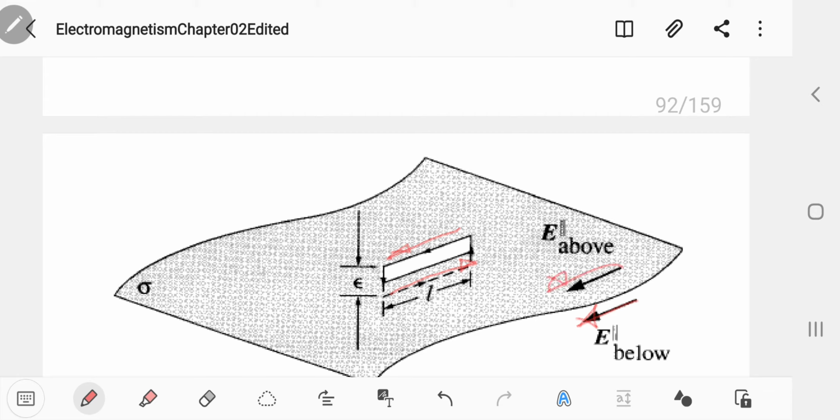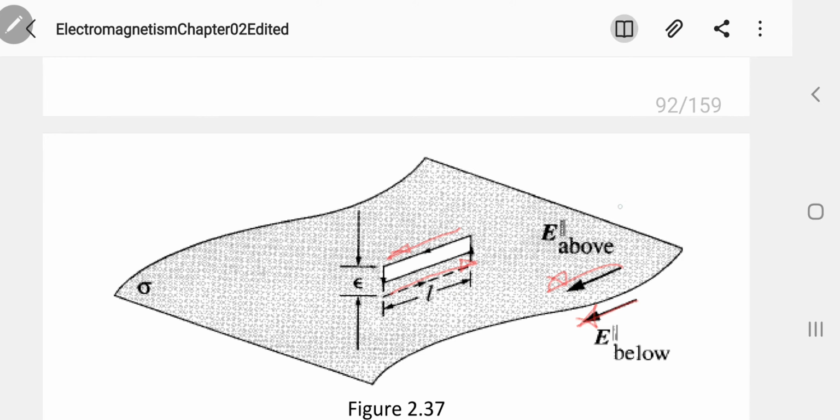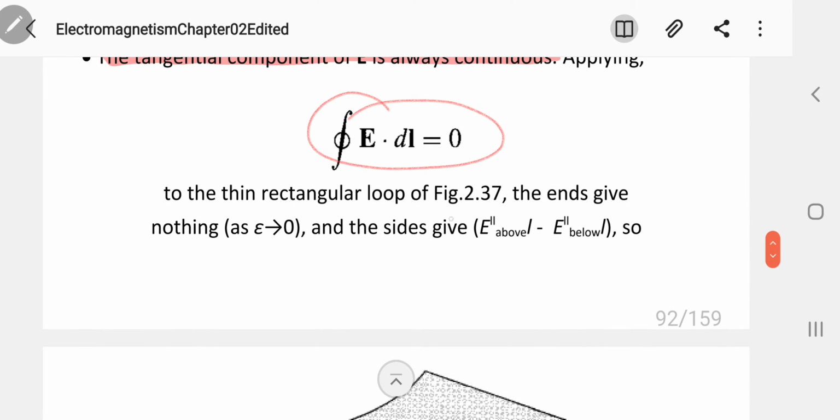So that's positive. So what happens is that E above times L minus E below times L is equal to 0.